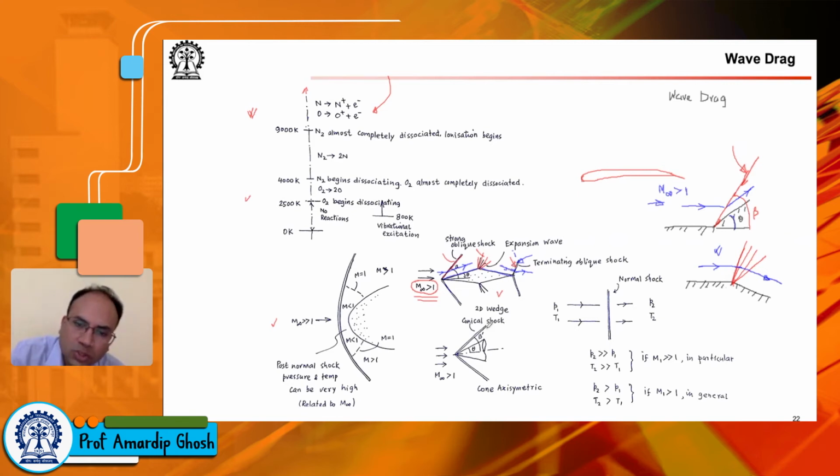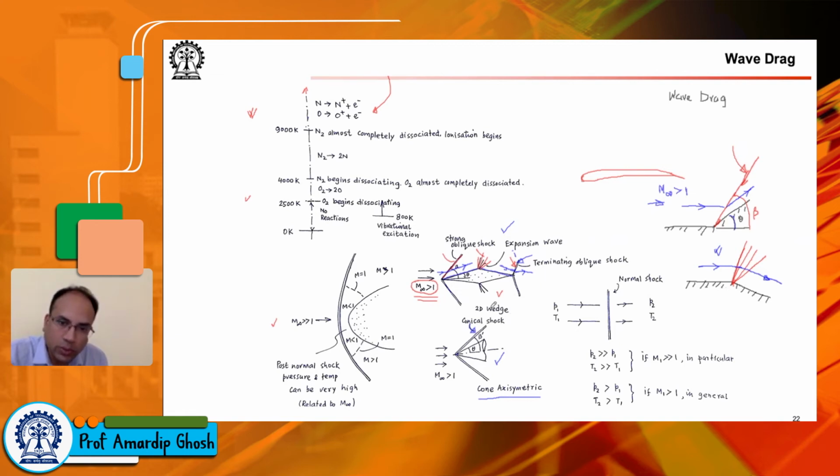Now, on the bottom, we show something that is slightly different from this wedge shock. It's called a conical shock. It's an axisymmetric cone. The conical shock looks something similar to the wedge shock, but it has some properties that are kind of nicely different from the oblique shock properties. But we do not want to get into this. Typically, in an intermediate course in aerodynamics or high-speed flows, you will deal with wedge shocks.